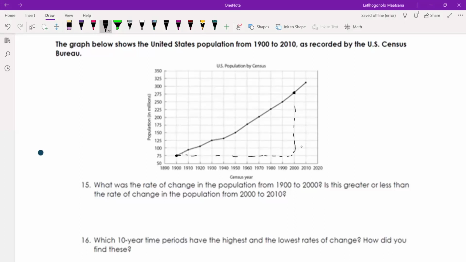We can calculate the average rate of growth here by calculating the change in y over the change in x. So in terms of our y, let's start with the one at the top.